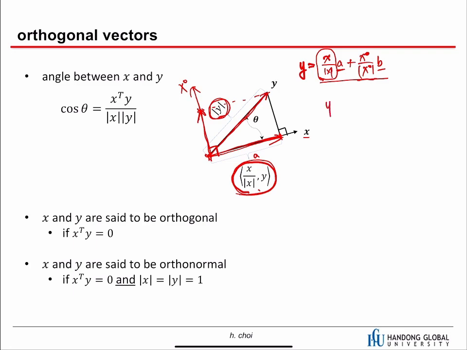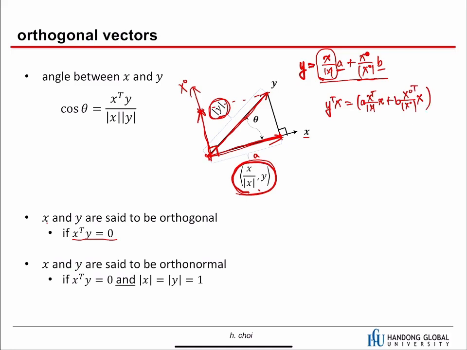Okay, then let's check y transpose x. Then x is orthogonal to x0. Actually, we are using this part. When x and y are orthogonal, then x transpose y is 0, and vice versa. So let's say x0 is orthogonal to x, then y transpose x is actually a times x plus b times x0, times x.